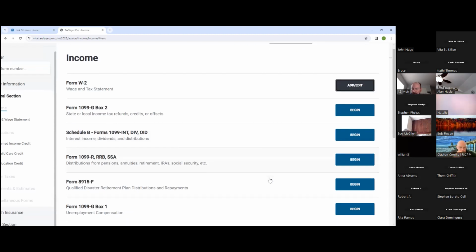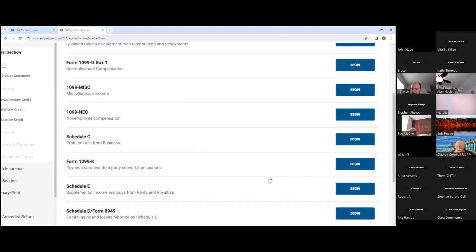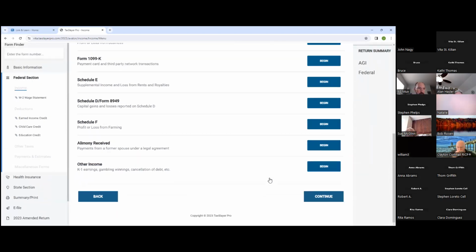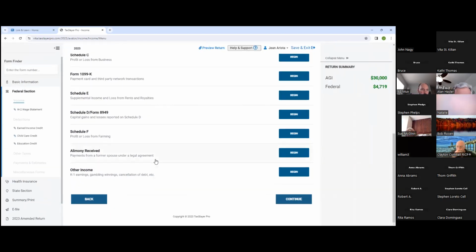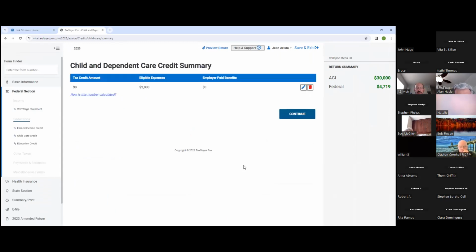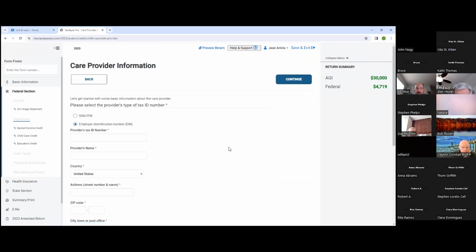And then we're going to go to the tab, and we're going to go to child care credit. Here we go. And this is the child care credit, which is a non-refundable credit.